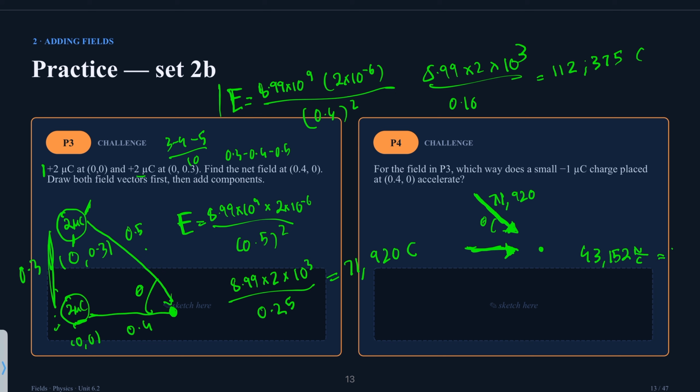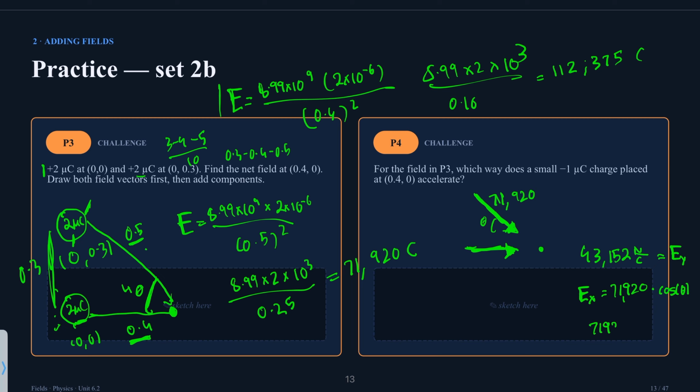Okay, and same thing, but this time for the x. So the field in the x here is the same 71,920, but this time times cosine of theta, right? Cosine of theta is adjacent over hypotenuse. And if you look at this angle here, adjacent is 0.4 and hypotenuse is 0.5.